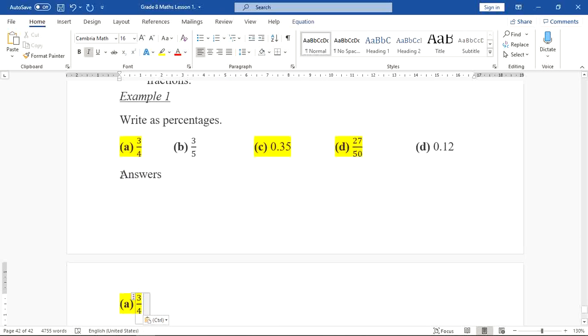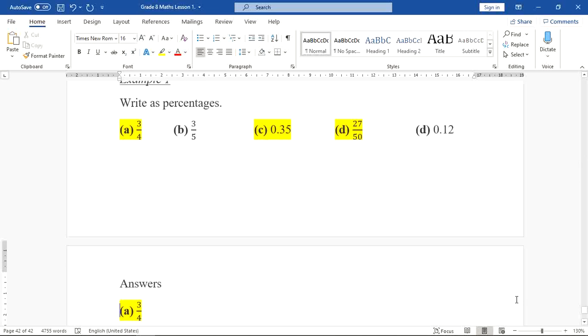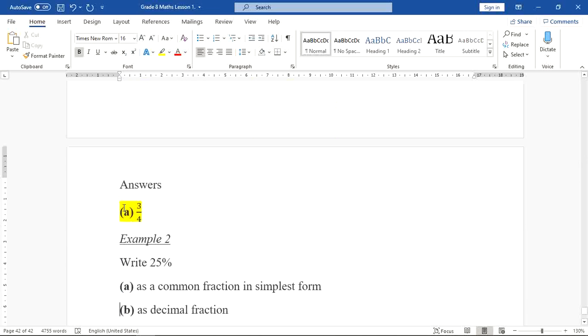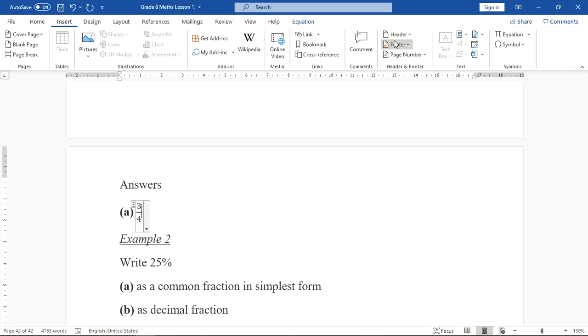We need to find a number that will multiply with 4 so that we get 100, and that number is none other than 25. How do you know that the number is 25? Because 4 goes into 100 25 times.